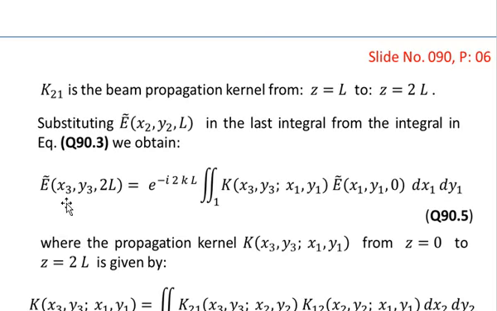So we have E prime of x3 y3 2L, which is the field on the lens 1 located on the right hand side, equal to e to the power minus iota 2k capital L, and the double integral is over the surface of the lens 1.